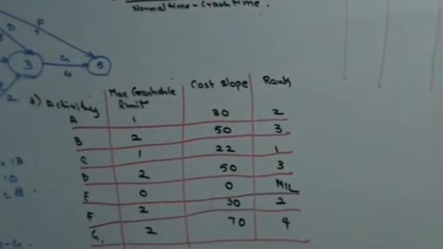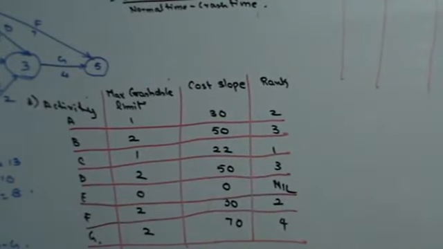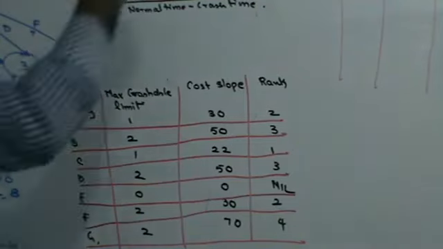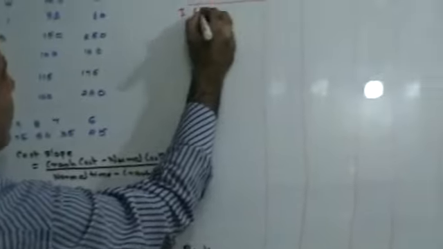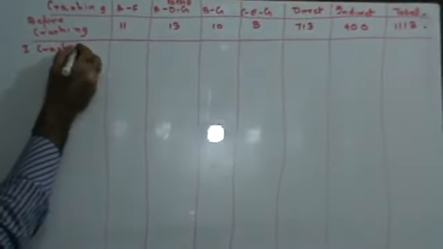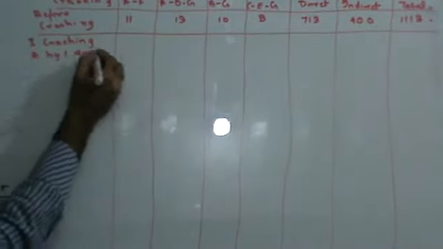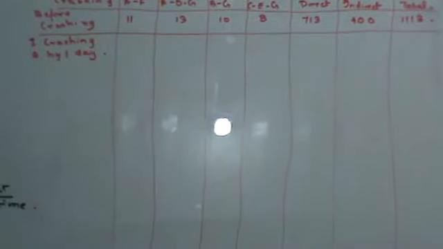A has got second rank, D has got third rank, G has got fourth rank. Out of the 3 ranks, the smallest rank is A. So, A is going to be the first activity that is going to be crashed. So, first crashing is A by 1 day.